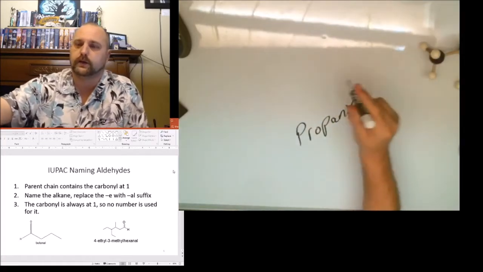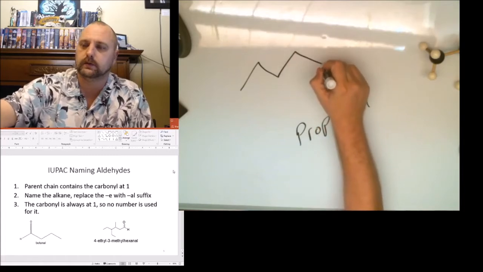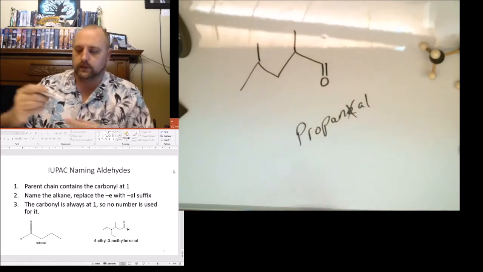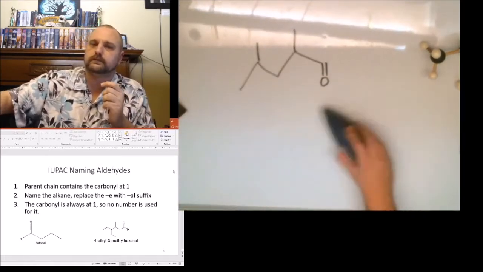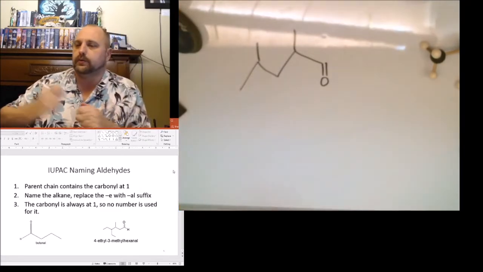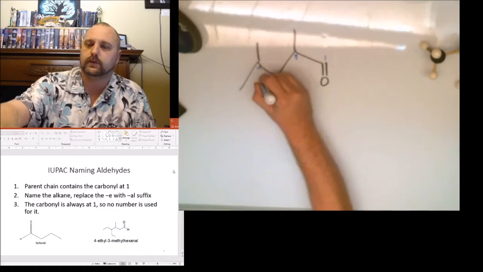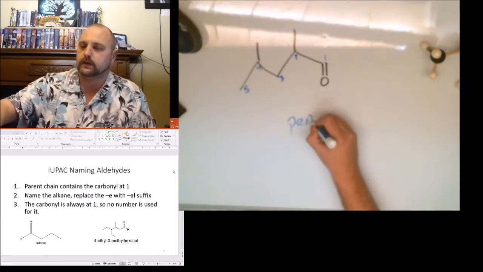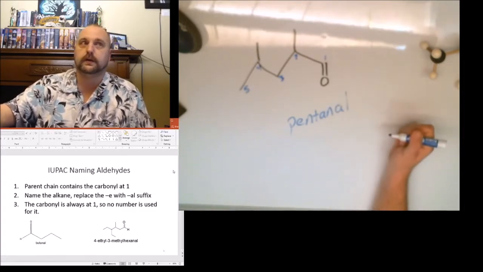So let's try drawing a couple. I'm going to name that one. Start by numbering your carbons: 1, 2, 3, 4, 5. That would be pentane. Drop the E, add an AL.